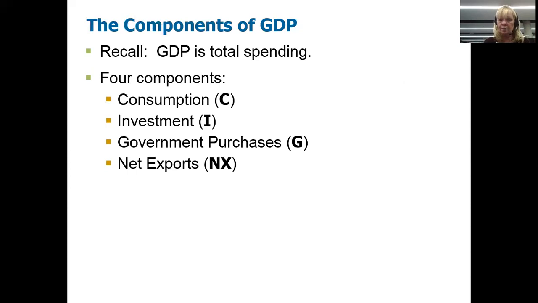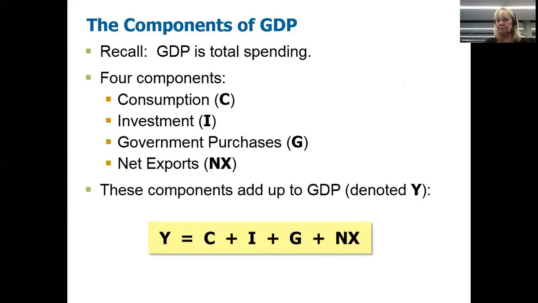When you write it out, it looks like this. Y stands for GDP equals consumption, C, investment, I, government spending, G, and net exports, NX.